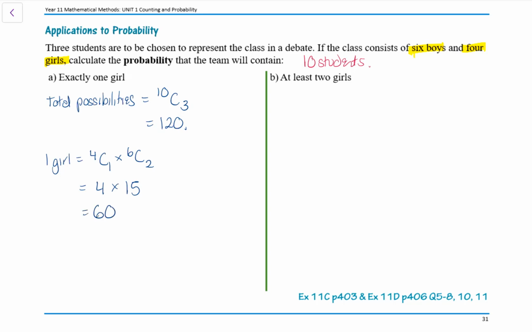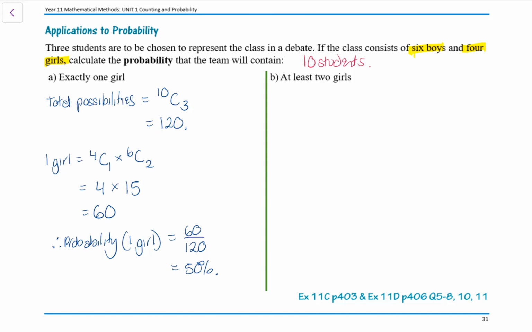So we have 60 possibilities of one girl. So our probability of getting one girl would be 60 out of 120, which would be 50%.